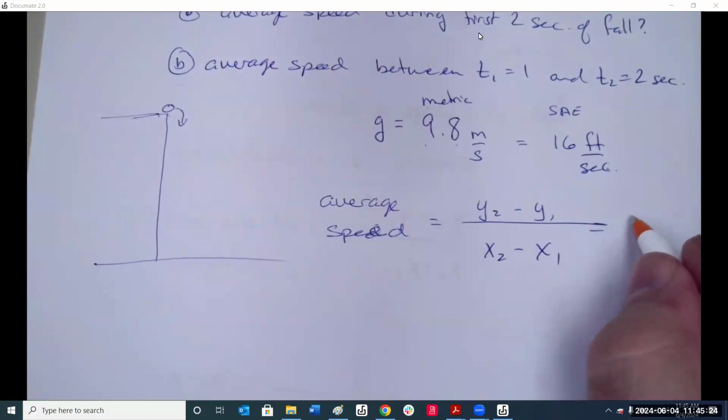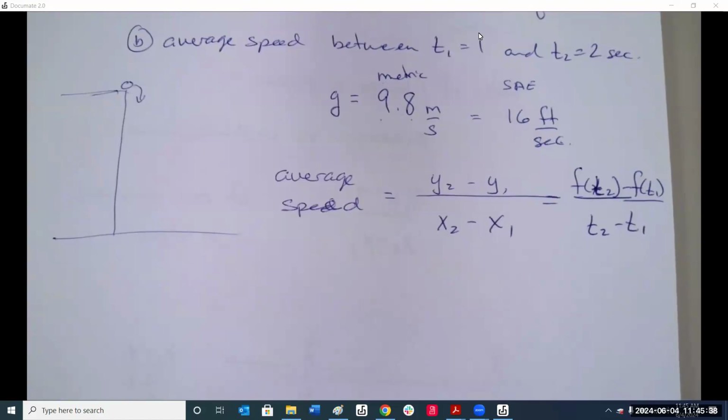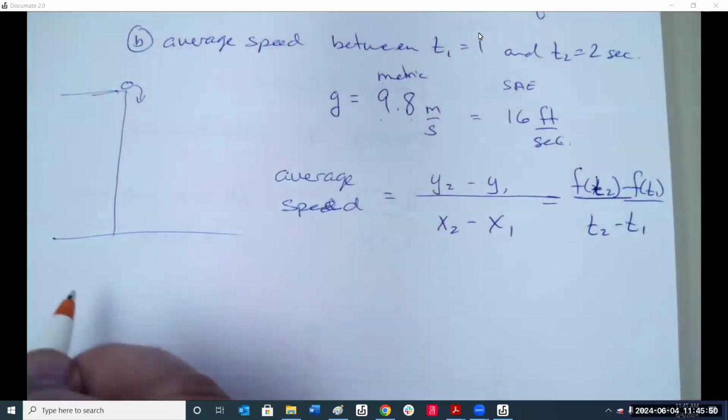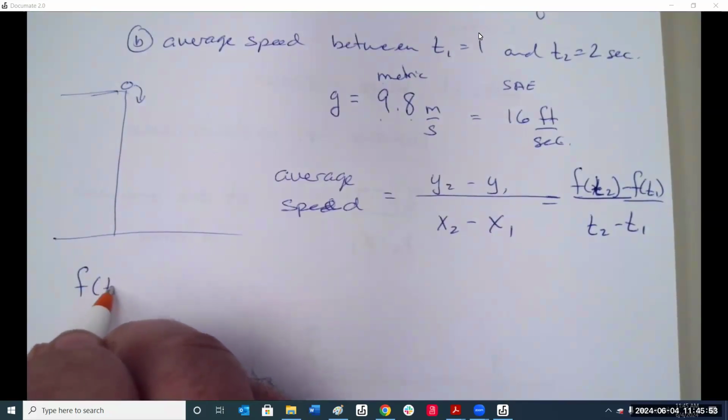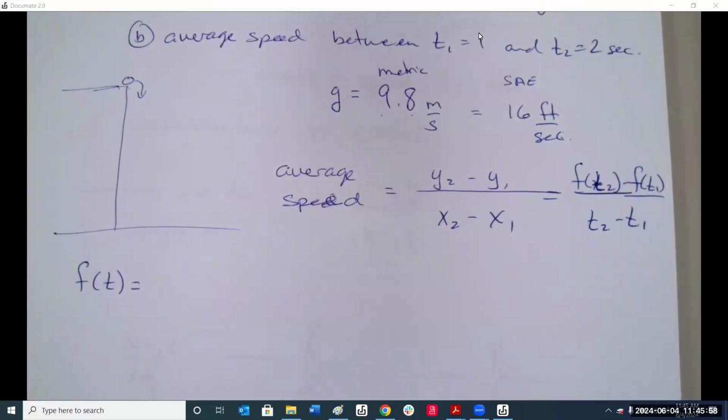But since we're dealing with time, the function at time 2 minus the function at time 1, over time 2 minus time 1. So what is our function?